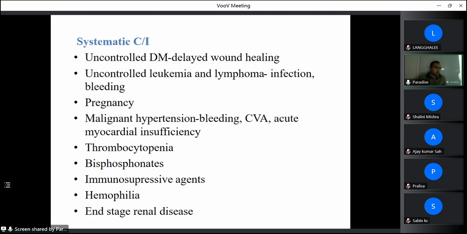If you have to do it, comparatively the second trimester is safe. In the first trimester, you should not extract the tooth because due to stress, it may lead to some developmental malformation. It is said that during the first trimester, organogenesis is going on, so it's always better to avoid any trauma, any surgical procedure.